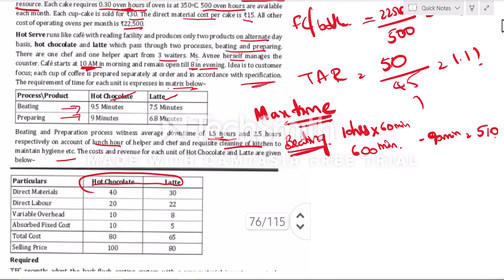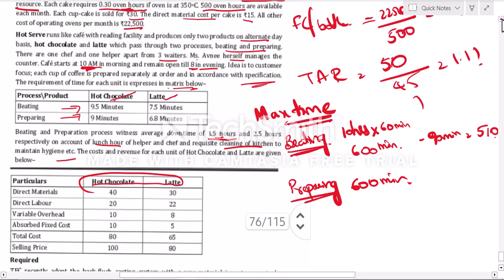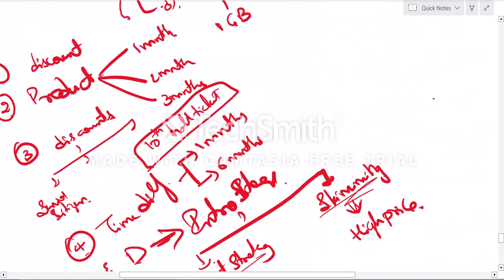Coming to preparing, again 10 hours, 600 minutes, minus 2.5 hours into 60, which is 150 minutes, so 450 minutes. Okay, this is the maximum time available.